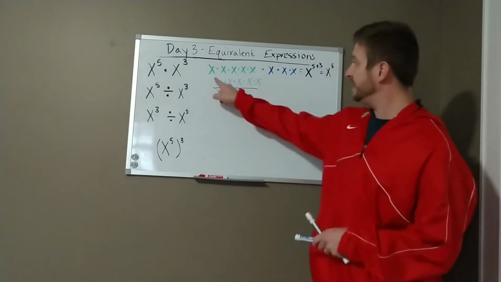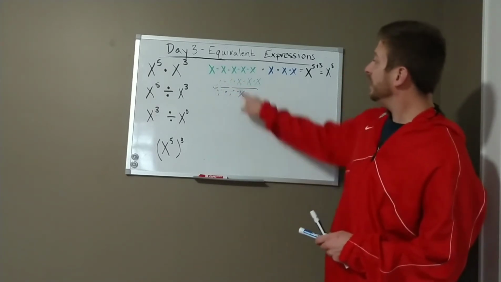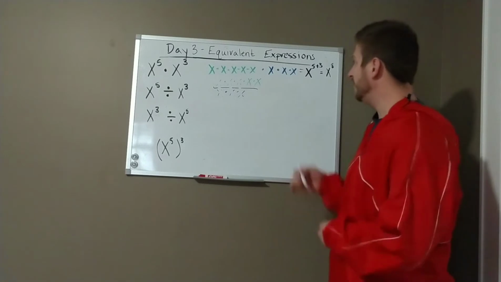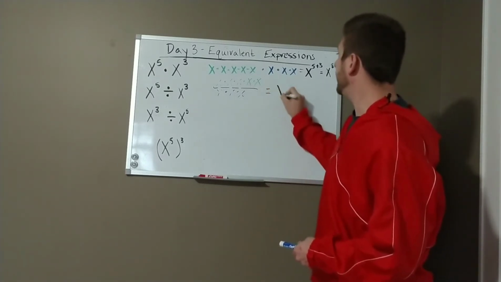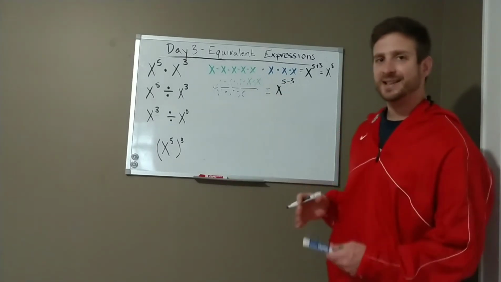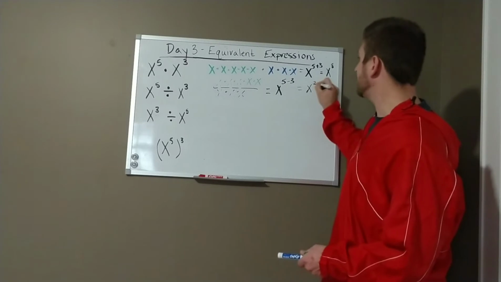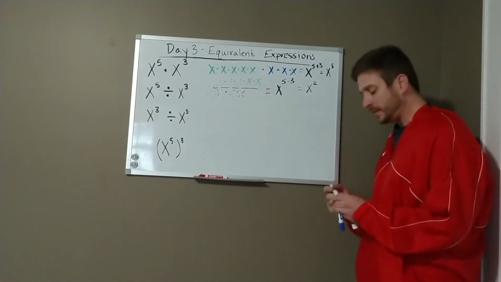One of these x's cancels, another x cancels, another x cancels, and that leaves us with x to the 5 minus 3, because canceling takes it away. We took away 3, which gives us x squared.